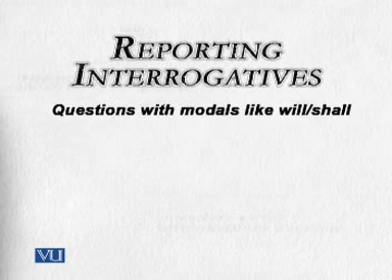And number three, making questions with the help of modals like will and shall and can and could. Now, these three types of questions have three different treatments when we change them from direct to indirect speech.